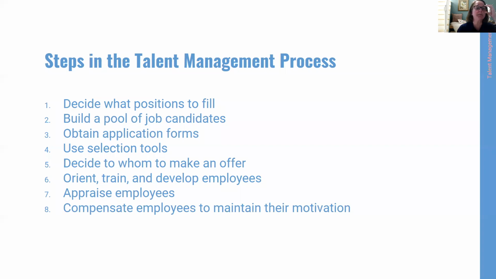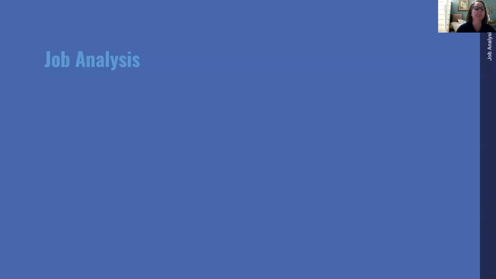The steps in the talent management process are: number one, decide what positions to fill; 2, build a pool of job candidates; 3, obtain application forms; 4, use a selection tool of some kind; 5, decide whom to make an offer; 6, orient, train, and develop employees; 7, appraise employees; and 8, compensate employees to maintain their motivation.